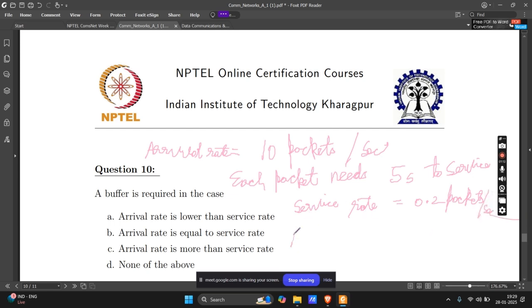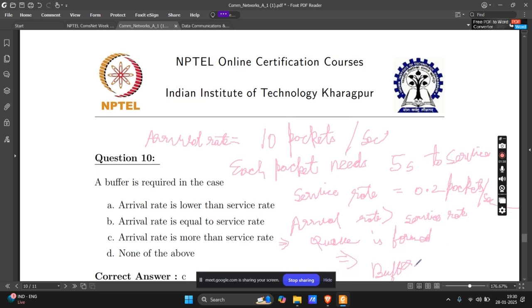So if arrival rate is greater than service rate, it implies a queue is formed. So if a queue is formed, where does the data go? The data that has been sent but has not been serviced yet goes to a buffer because it cannot be lost. So a buffer is needed.